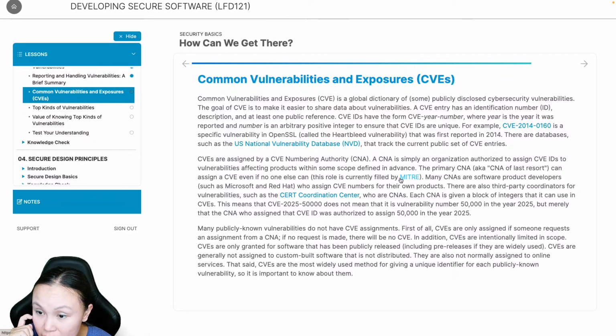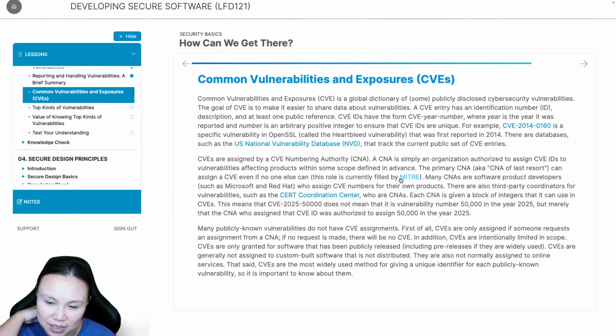Many publicly known vulnerabilities do not have CVE assignments. First of all, CVEs are only assigned if someone requests an assignment from the CNA. If no request is made, there will be no CVE, which is not as good. In addition, CVEs are intentionally limited in scope. CVEs are only granted for software that has been publicly released. It's not like, oh, I want a CVE, so you will get a CVE.